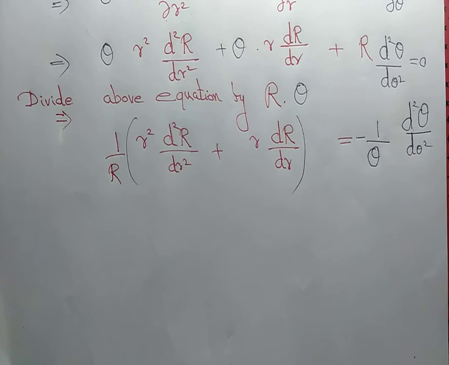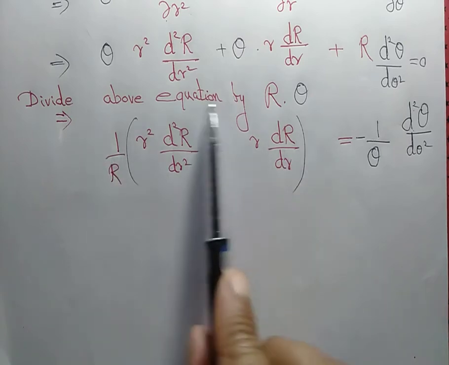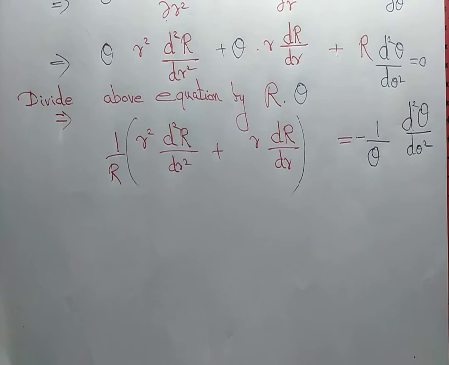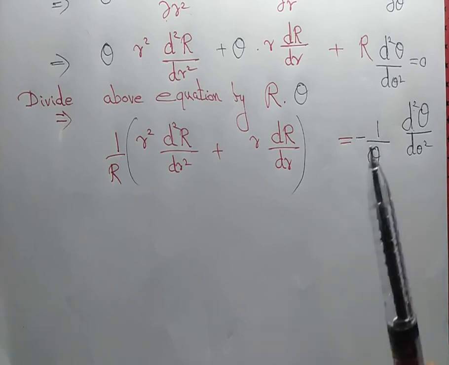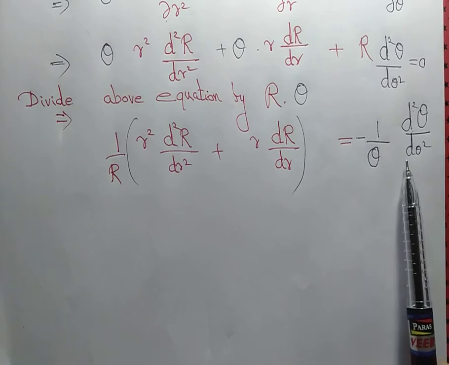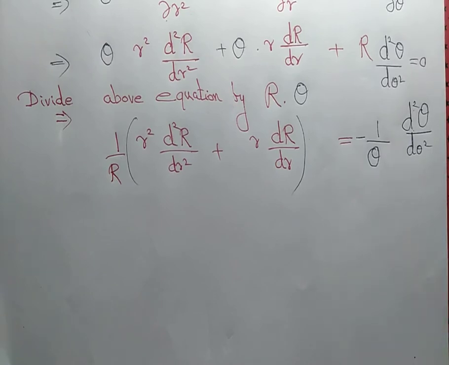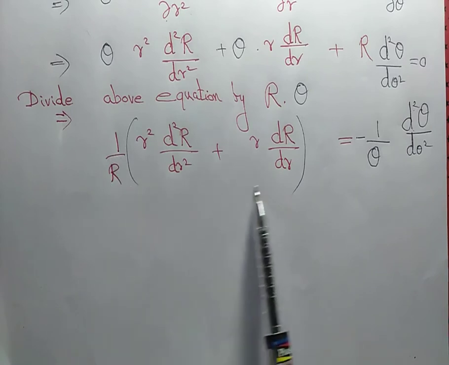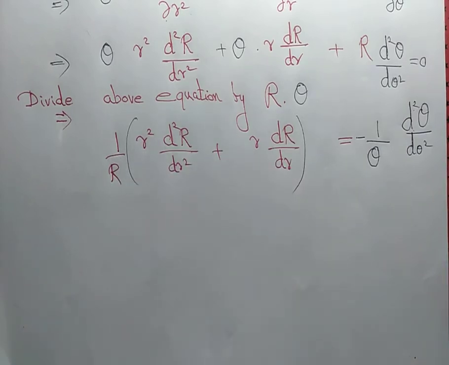Okay, now if you see the left hand side, that is independent of theta, whereas the right hand side, that's independent of r. This quantity, the one that is written in black, is independent of r, whereas this quantity that is written in red is independent of theta. Well, then what can we say?